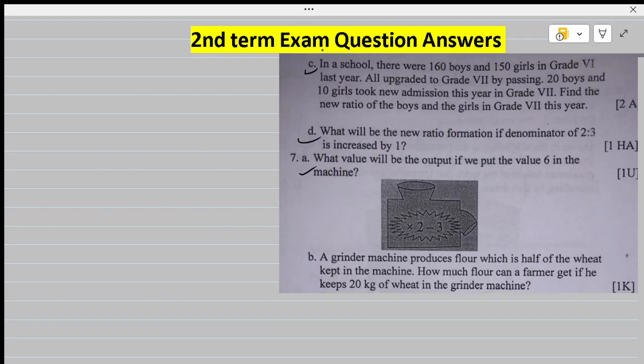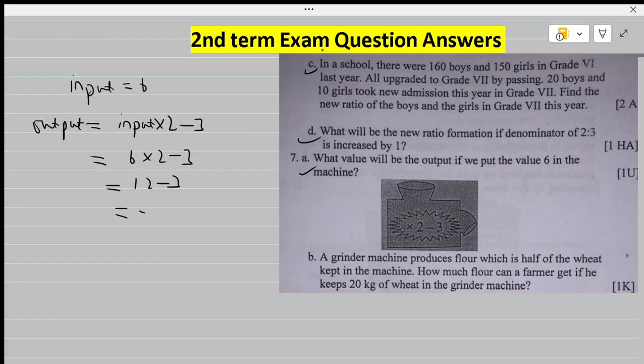So the input is 6, and the output is input multiplied by 2 and then minus 3. So 6 into 2 is 12, minus 3, gives 9. Therefore the output equals 9.